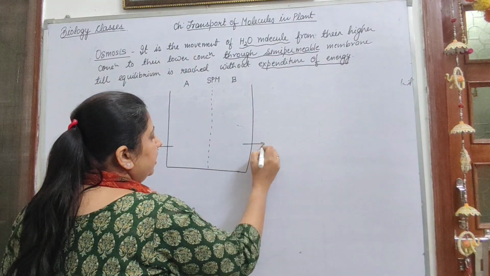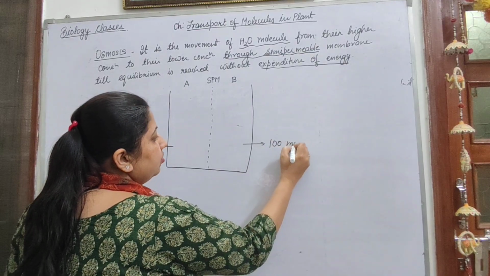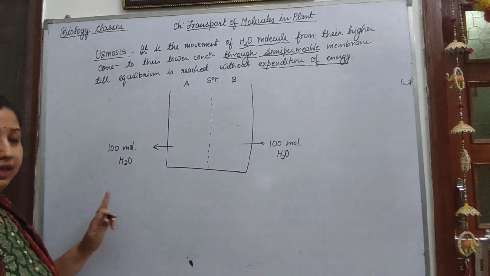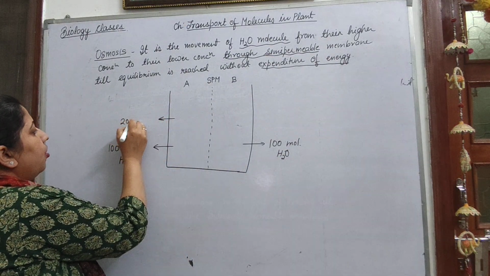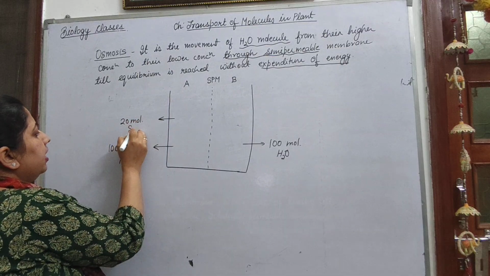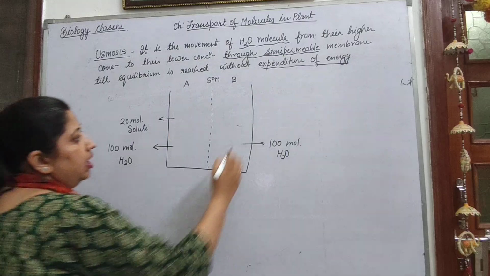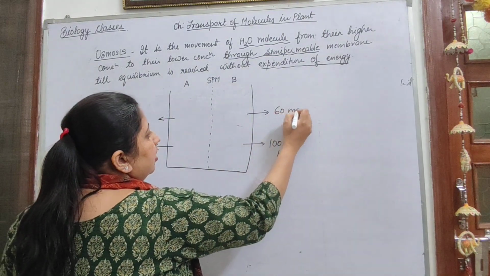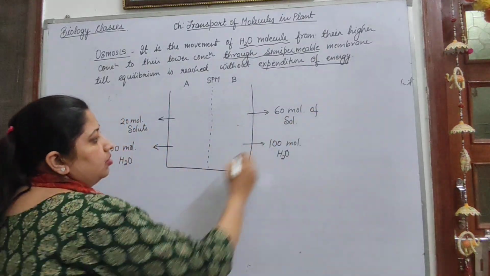In compartment B we will also take the same amount, that is 100 molecules of water. In compartment A we have also taken 20 molecules of solute, any solute like salt, sugar, and in compartment B we have taken 60 molecules of solute. This is a random solute.